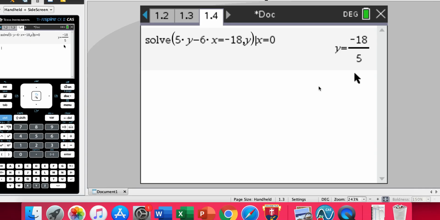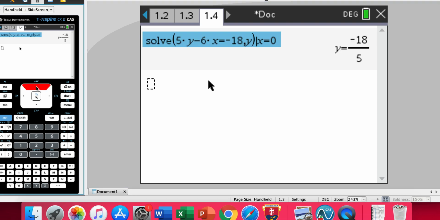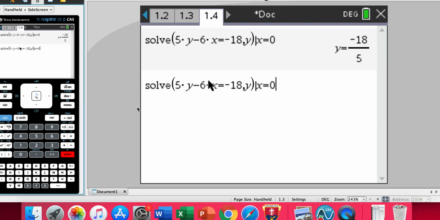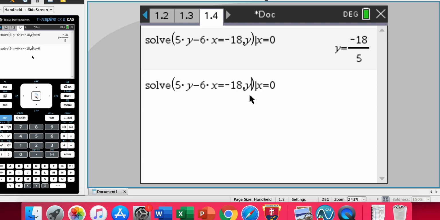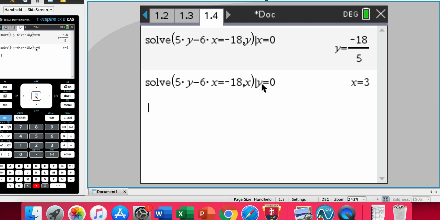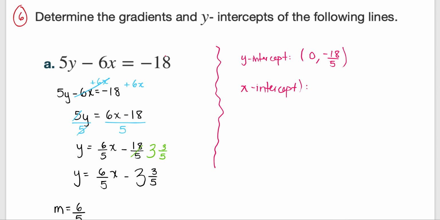I'm going to type the same thing, so I'm just going to go up and enter. And then I'm going to solve this one for x when y is equal to 0. And I get that my x-intercept is 3. So my x-intercept is 3, 0.